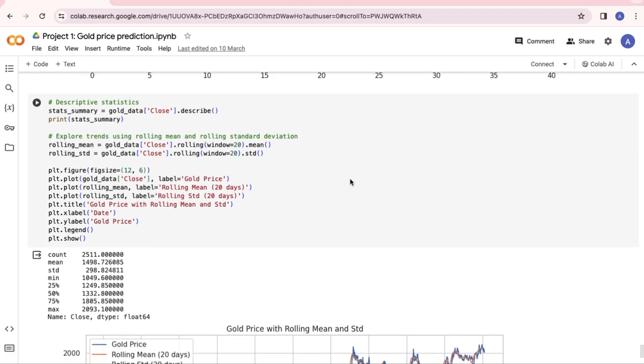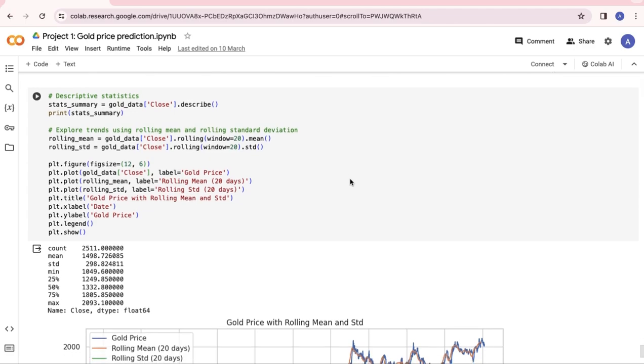So the descriptive statistics include calculation of mean, standard deviation, min, max, etc. for the close prices of gold data using the describe function, and store the summary in the stats summary variable. All the calculated values are shown as below.